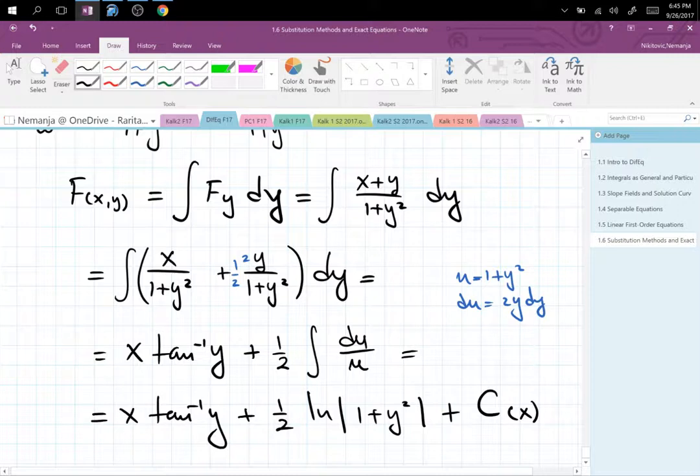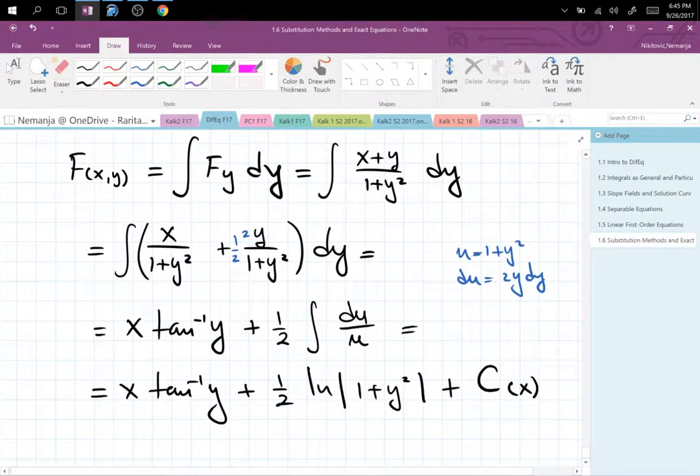I integrated with respect to y, therefore I need a c of x function down there, because if I take the partial derivative of this with respect to y, whatever function of x is here is going to die. Guys, this line here is your partial solution.